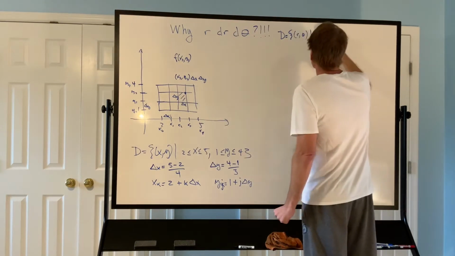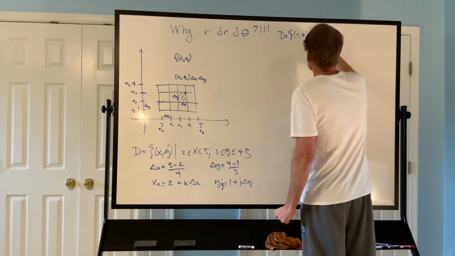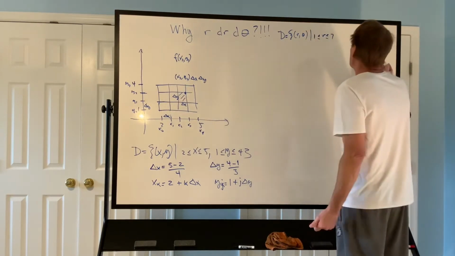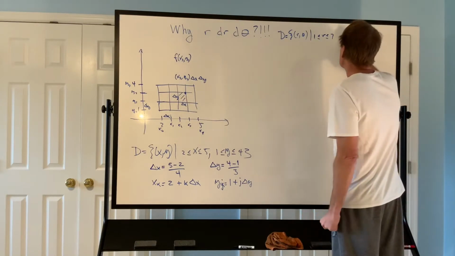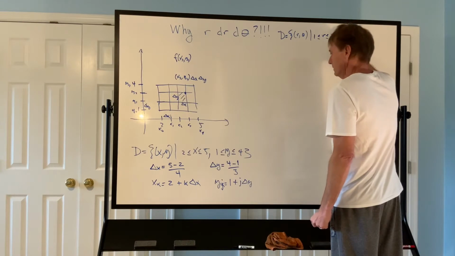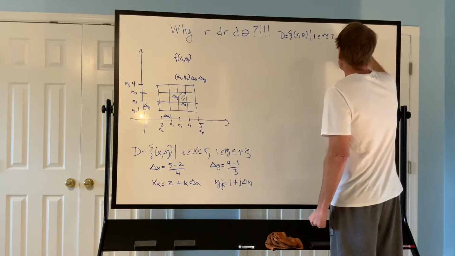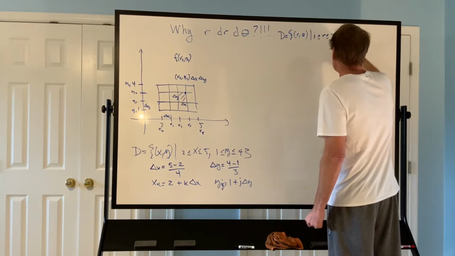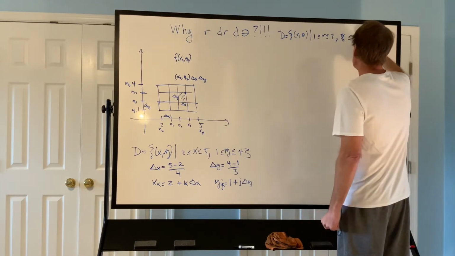So imagine that r is running between 1 and 7, and theta is running between, let's just say, pi over 6 and pi over 3.